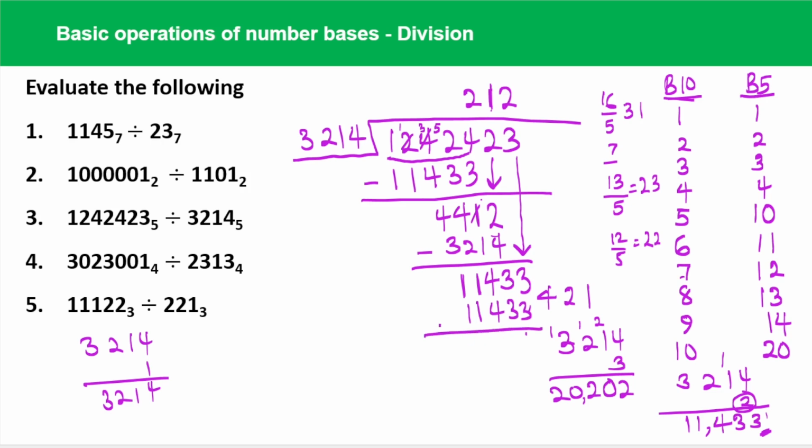So eventually we'll have a remainder of 0. Therefore, our answer to 1242423 base 5 divided by 3214 base 5 is equal to 212 base 5.